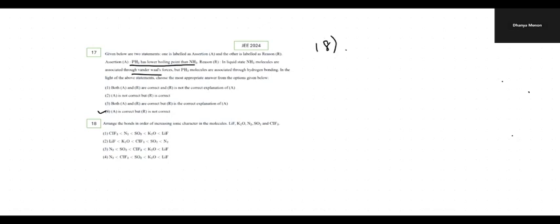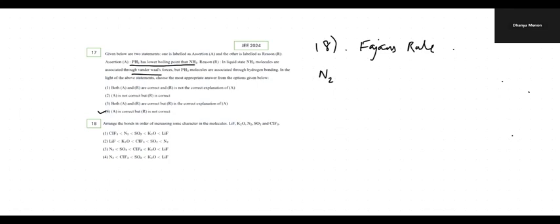So we will follow the Fajans rule. The difference in electronegativity, if it is less. Here nitrogen, both are the same atom, so definitely it is non-polar. So it is having the least amount of ionic character.